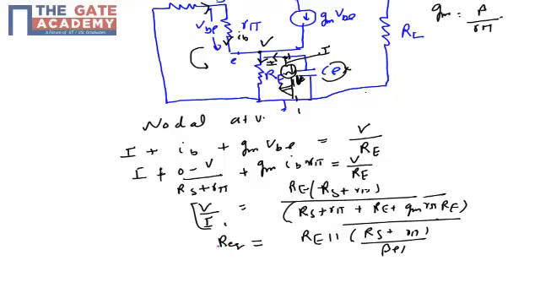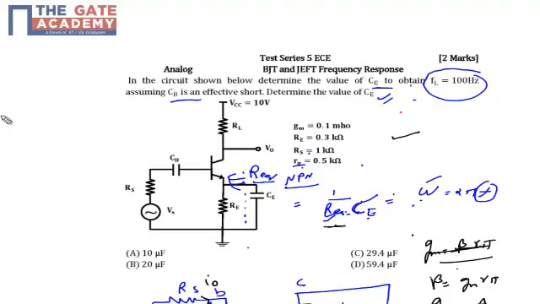So let's put the values of RE, RS, r pi and beta plus 1. If you put the values of all these variables, you will get the R equivalent as 26.8 ohms. Now you need to find CE, which combined with this R gives the cutoff frequency, 2 pi into 100.